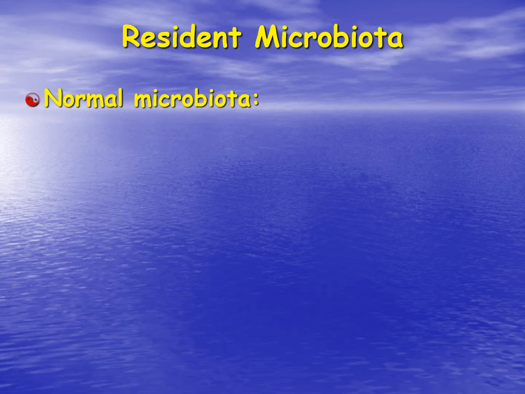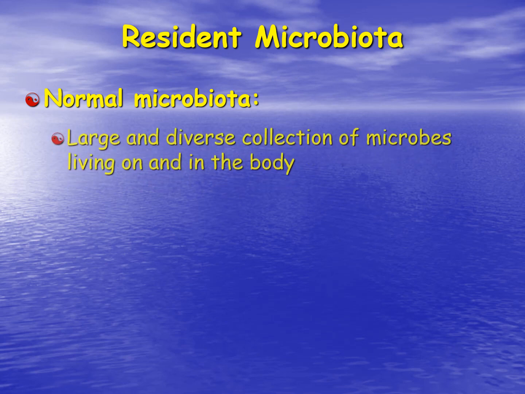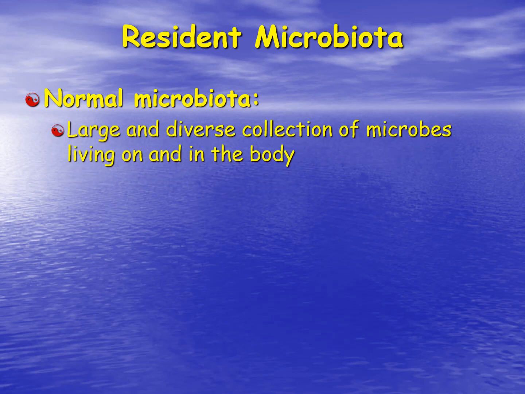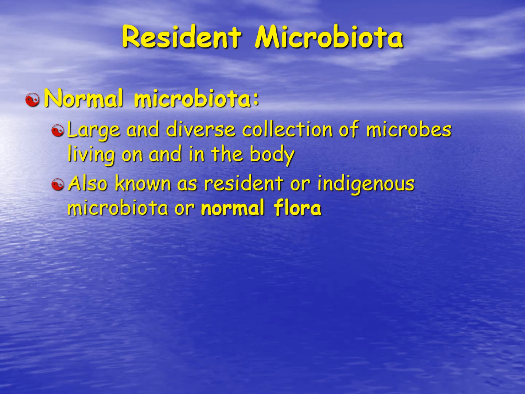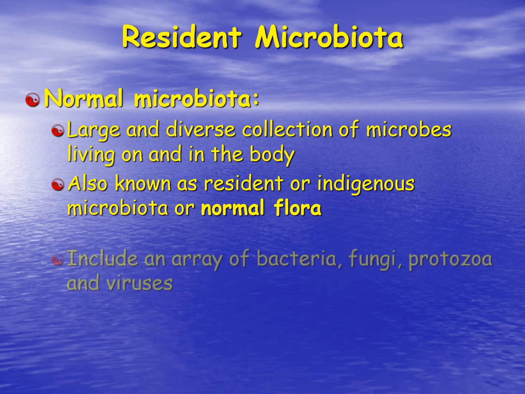Now, our normal or resident microbiota. This is a large and diverse collection of microbes living in and on the body. And we want these microbes present because they are going to keep other microbes that are pathogenic many times from invading. Also, this group of microbes is known as the resident or indigenous microbiota, or an old term was actually normal flora.